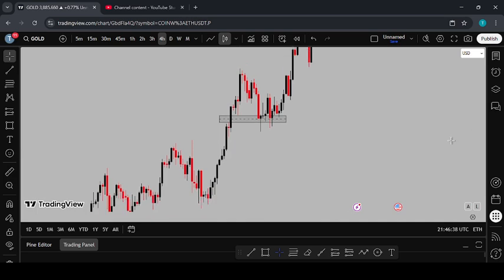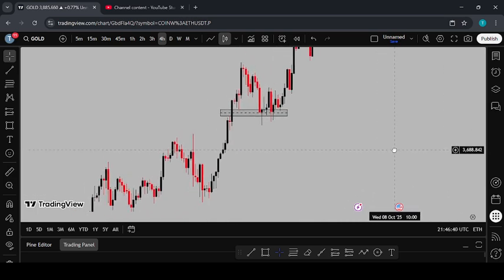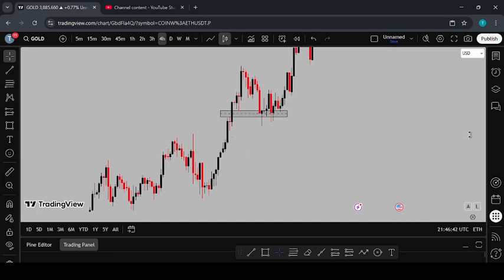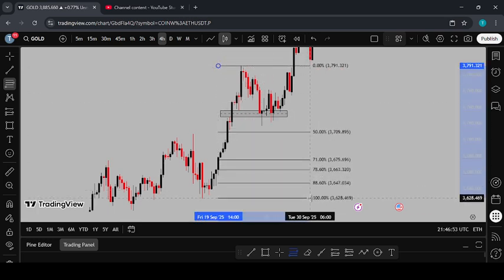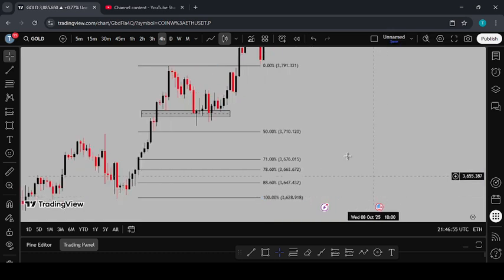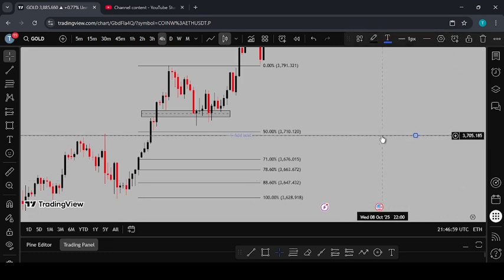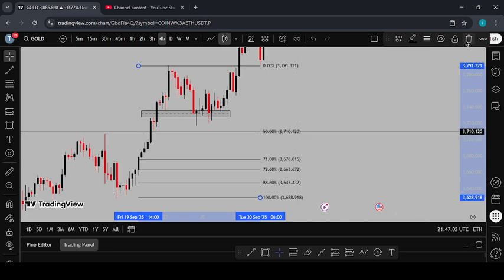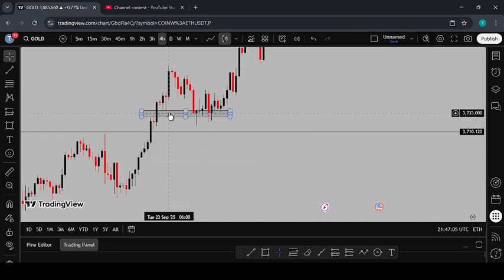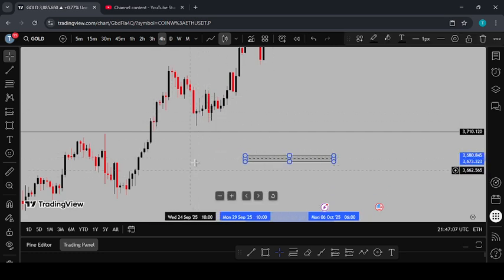First thing I would do is calculate the swing structure. What is the lowest low I want to see? It is this and this. So I would put my Fibonacci before I even consider marking out which imbalance I want to use. My Fibonacci retracement tool shows me that this line here is the 50% discount region, which means any imbalance across the upside, I would not be interested to trade if it's for buys.